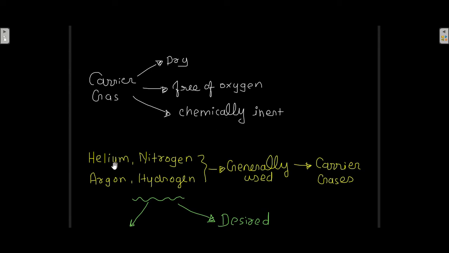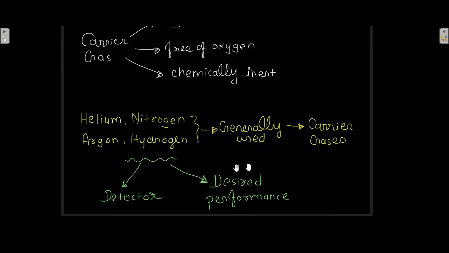Helium, nitrogen, argon and hydrogen are examples of generally used carrier gases. Which gas you select for gas chromatography depends upon the desired performance and the detector which you are using.